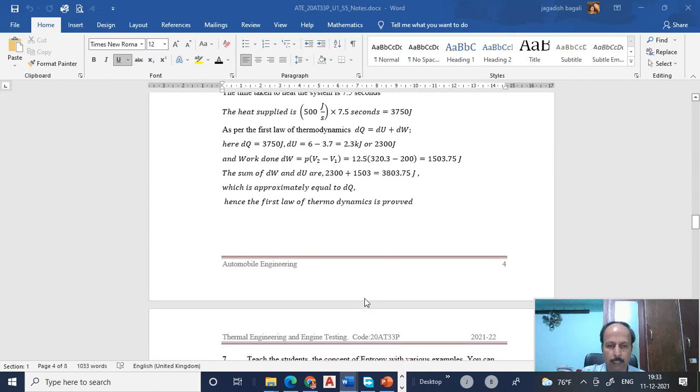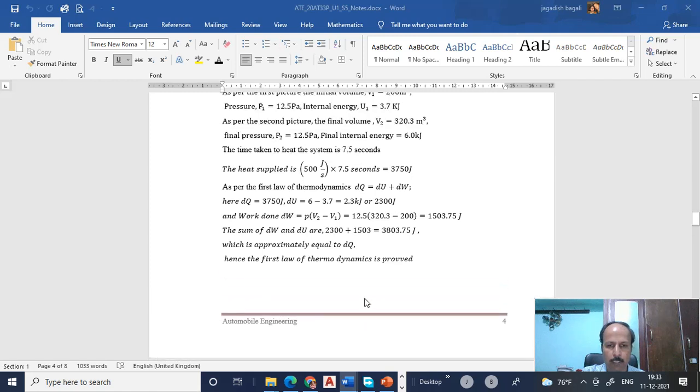Since the sum of dW and dU is 3803.75 joules, and the heat supplied is 3750 joules, which is approximately equal, we can say that the first law of thermodynamics is true. Hence, we have proved the first law of thermodynamics.